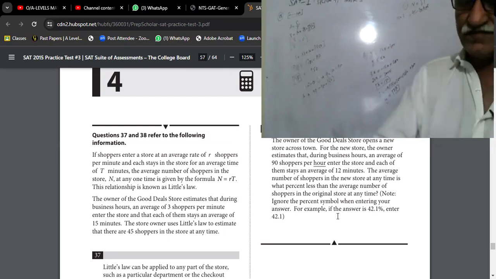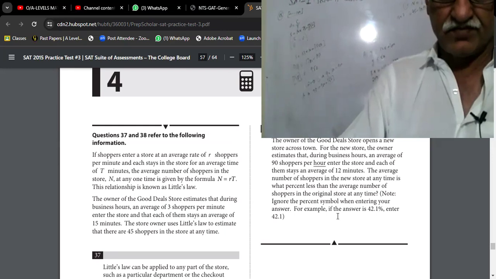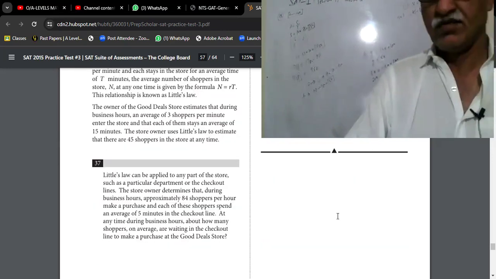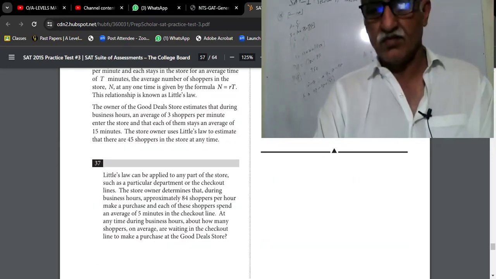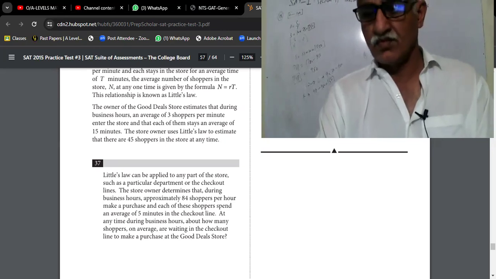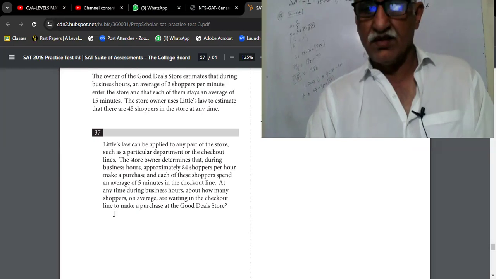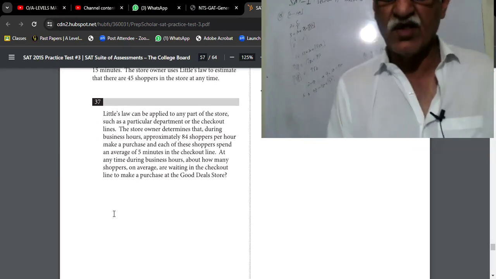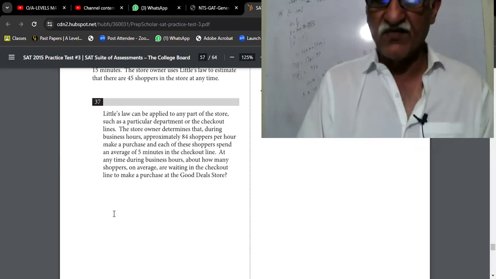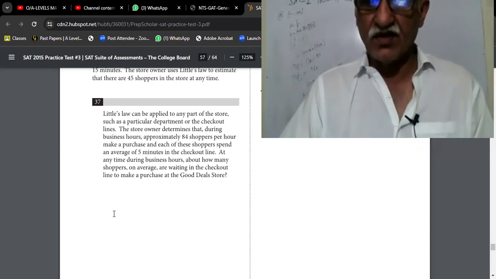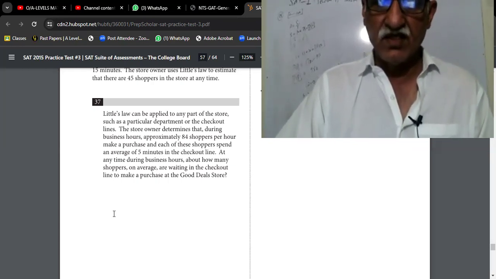Now the question is, Little's law can be applied to any part of this store, such as a particular department or the checkout lines.